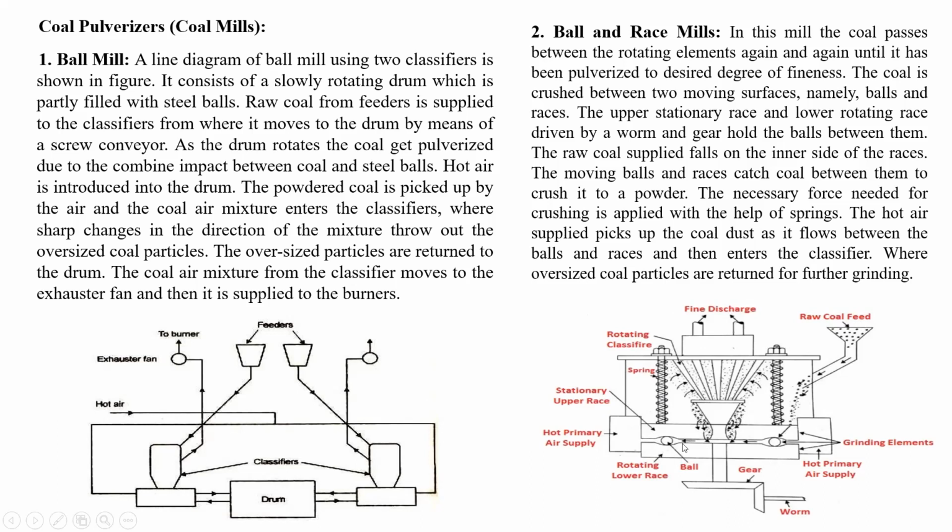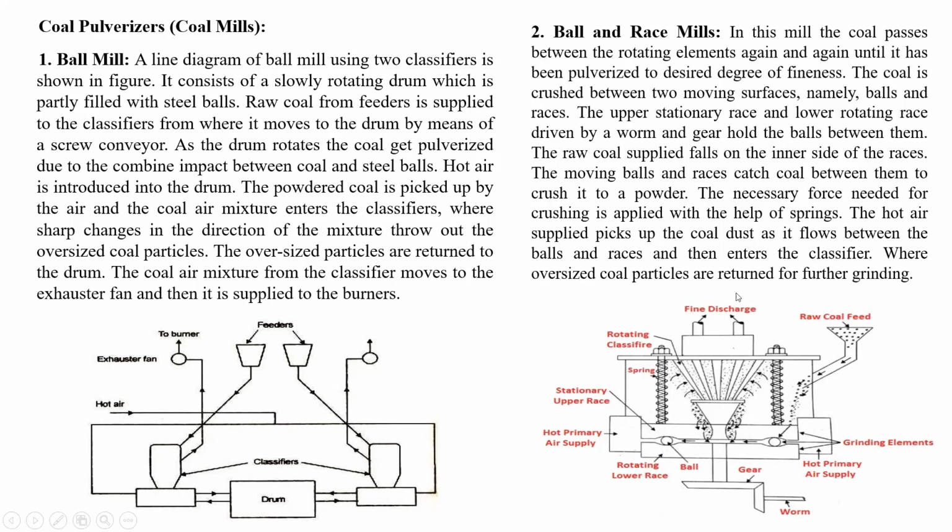In between this upper and lower race, the balls are placed. The lower race is rotating with the help of a worm and worm gear, driven by a motor. Okay, so slow speed is there. Then the hot primary air is supplied to both sides, left and right side, into this race. Okay, what happens, you now just see.